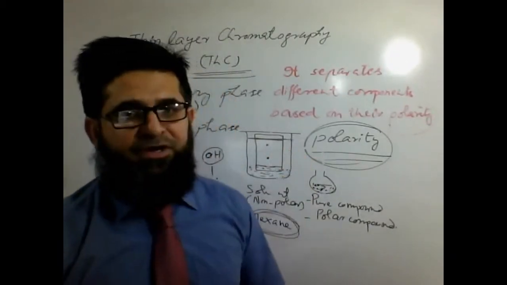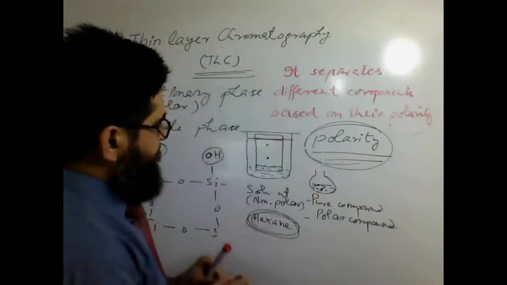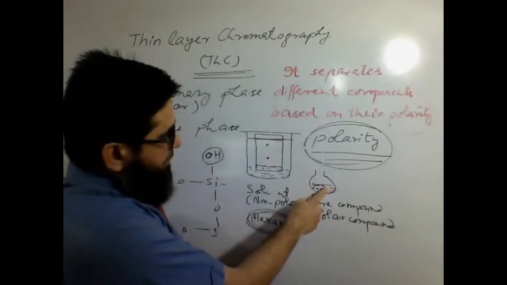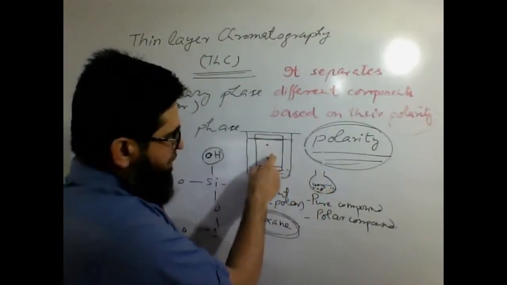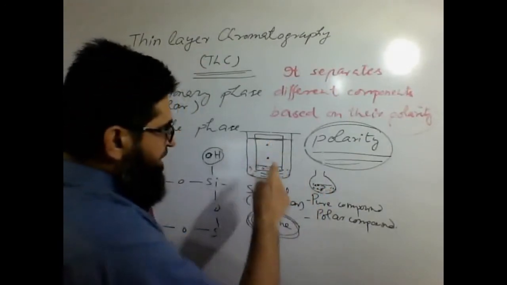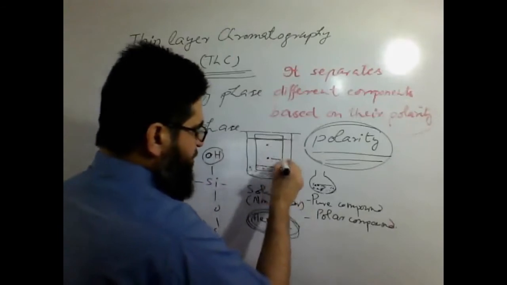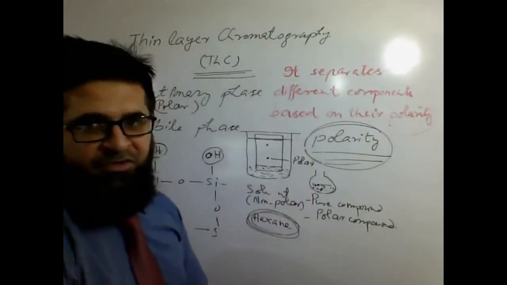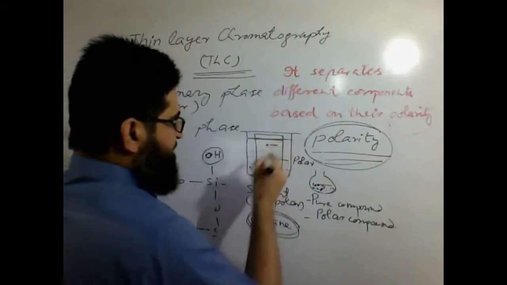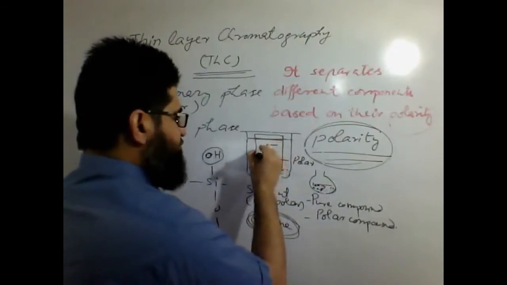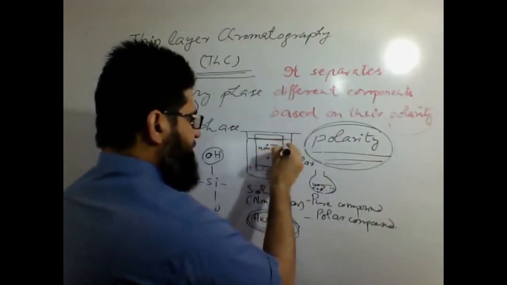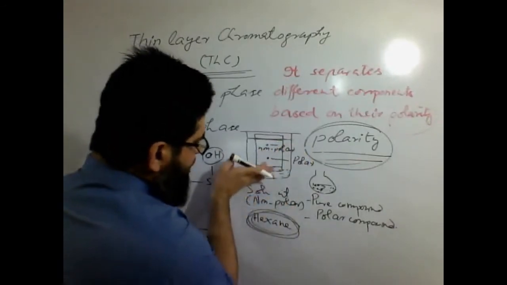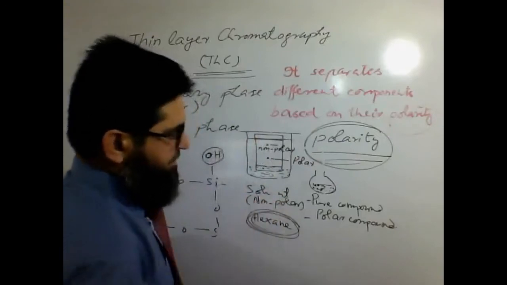Then one can assume that the given mixture carries two components. One is the polar one, which is on the base, and the one which has moved a bit high is supposed to be non-polar. Why is it non-polar? Because it has moved with the non-polar hexane.